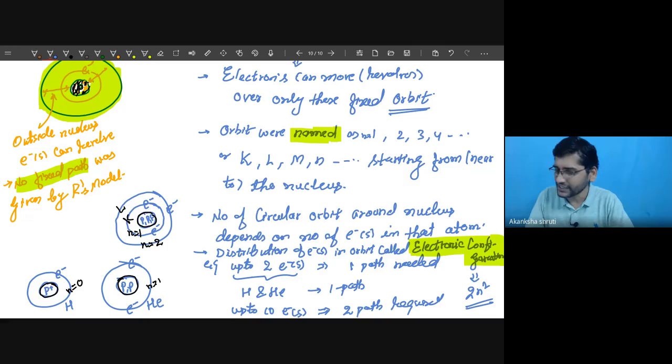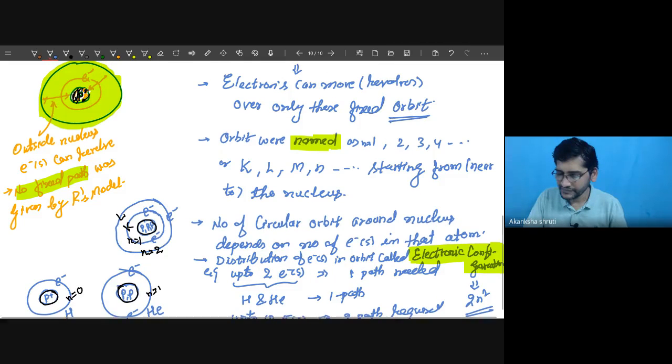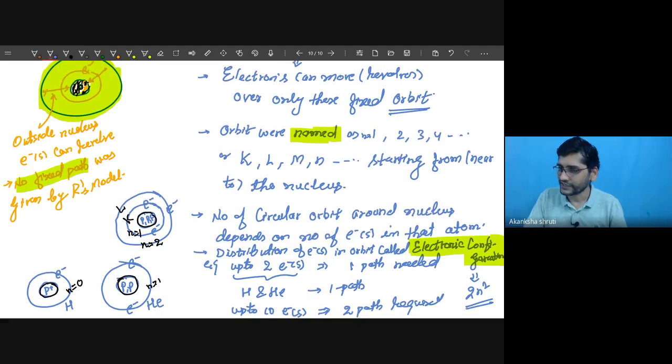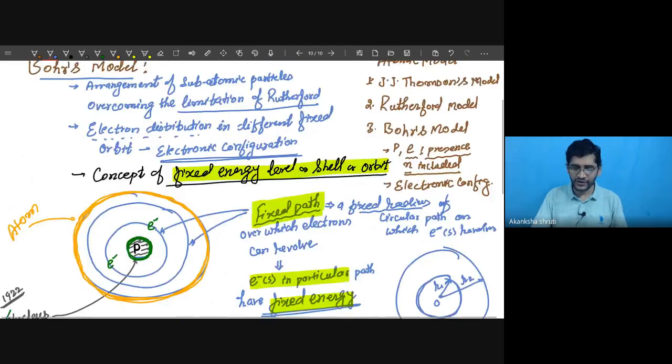If we place n equals 2, then 2 squared is 4, into 2, is 8. So the second orbit can accommodate 8. How many electrons can be accommodated in a particular orbit is called the electronic configuration. So these are the things that we are going to finish today.